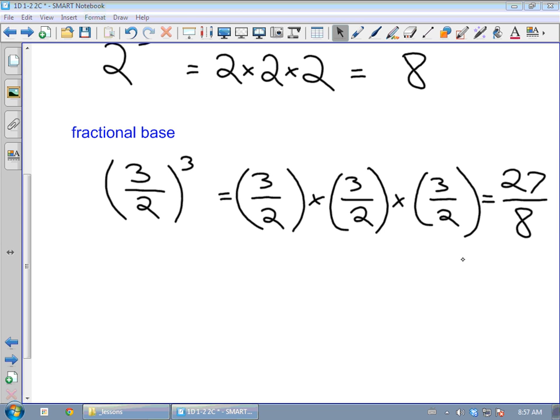We can also think about this question in another way. This 3 that's our exponent applies to everything that is inside these brackets. So we can think of this 3 being an exponent on the 3 that's in our numerator, and the 3 being an exponent on the 2 that is in our denominator. So if we think about it that way, this is equivalent to 3 to the exponent 3 up in our numerator, and 2 to the exponent 3 down in our denominator.